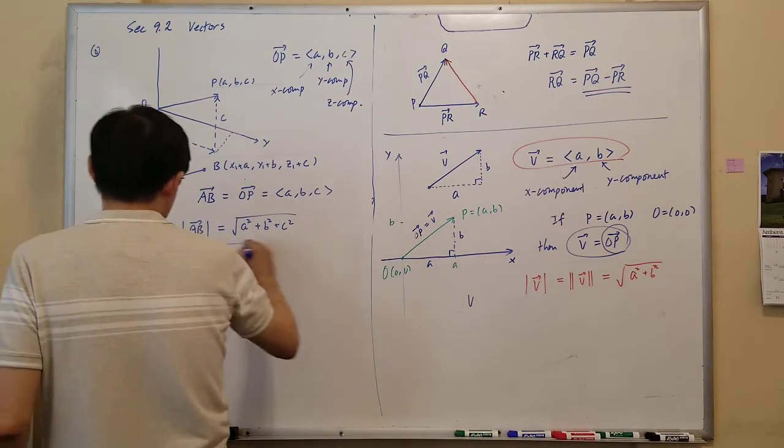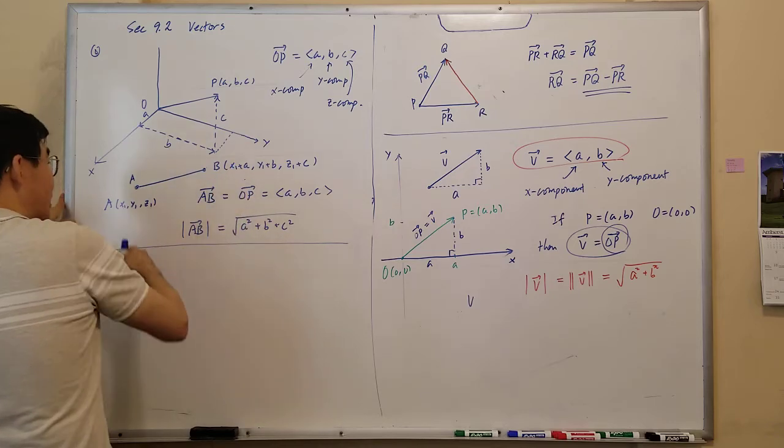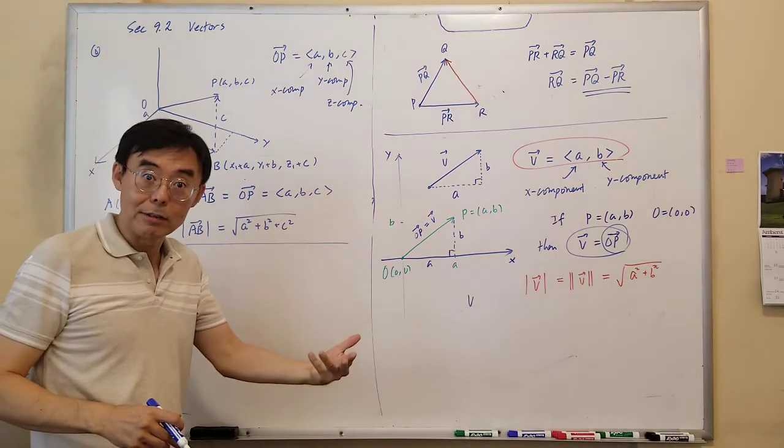So in the end, this A is this x coordinate minus this x coordinate. How much did you move along the x direction, right?